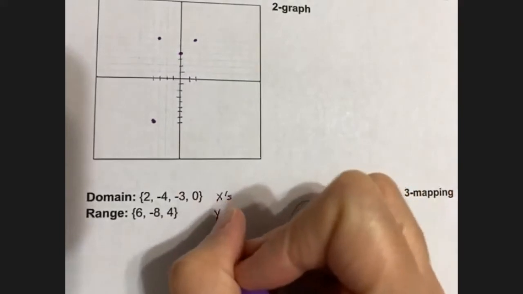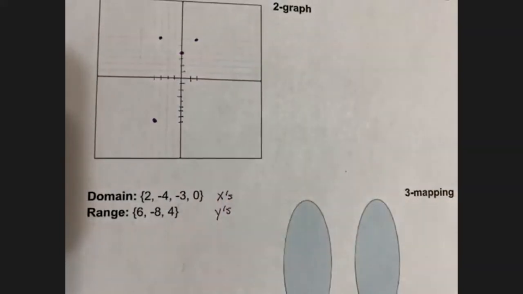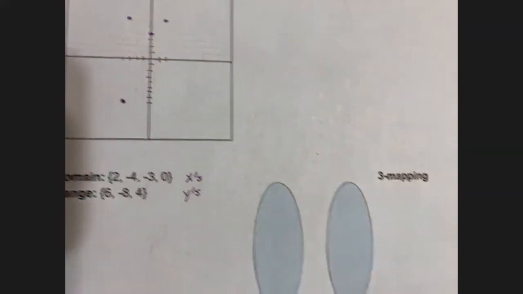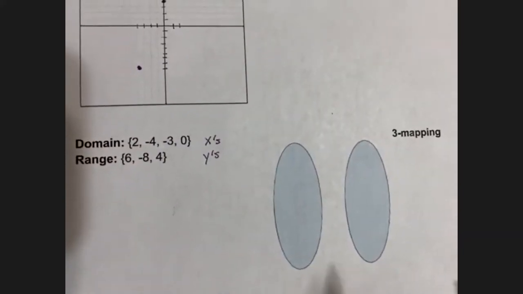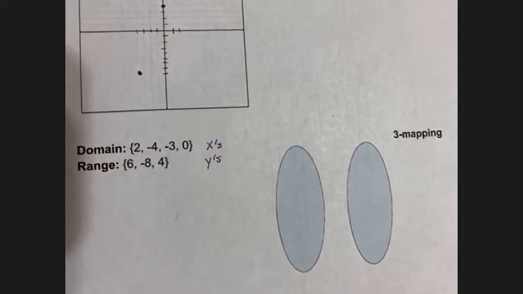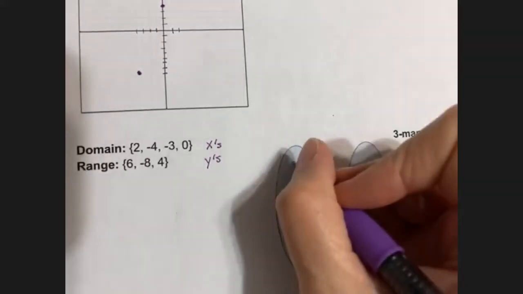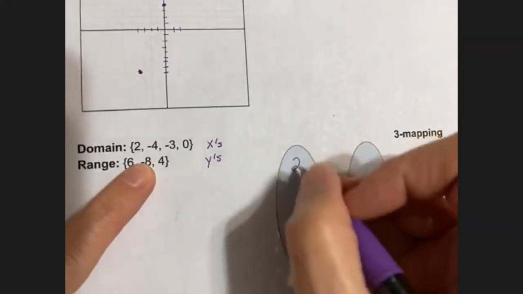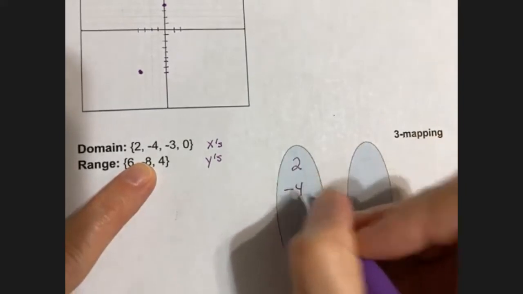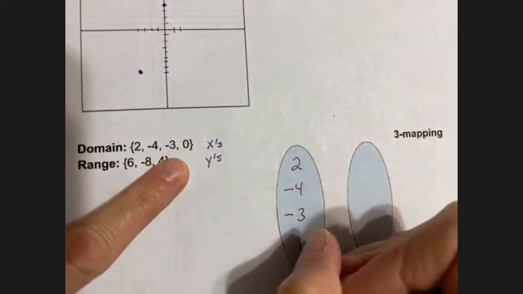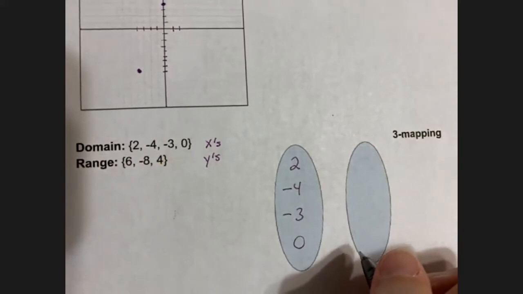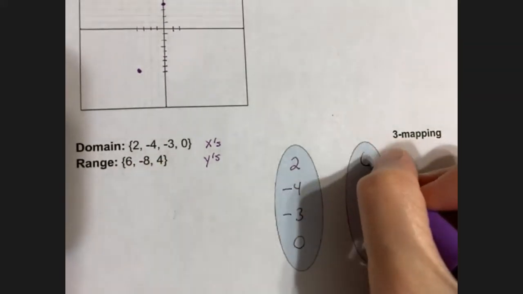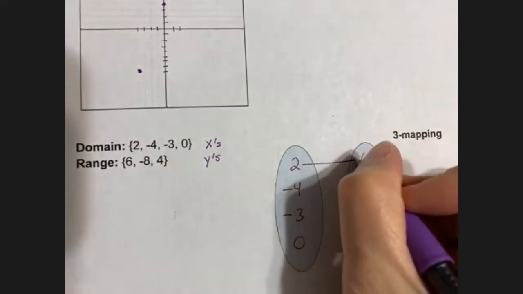And the ranges are my y's. Mapping it just means taking the numbers and saying what do they go with. So my x values are 2, -4, -3, and 0, and I'm going to put my domain on this side. Where does it map to? Well, the 2 goes with 6. I'll map it there.